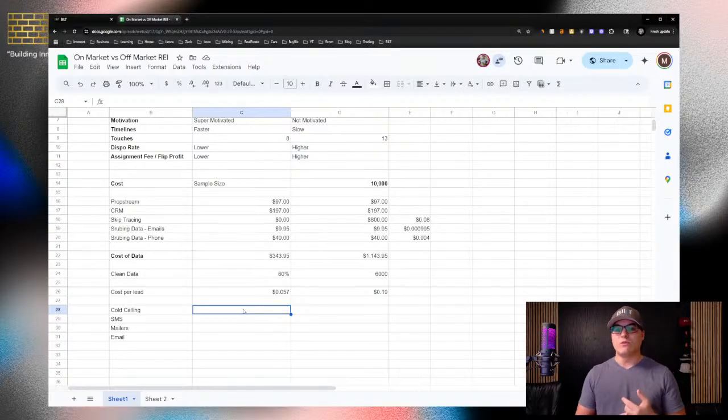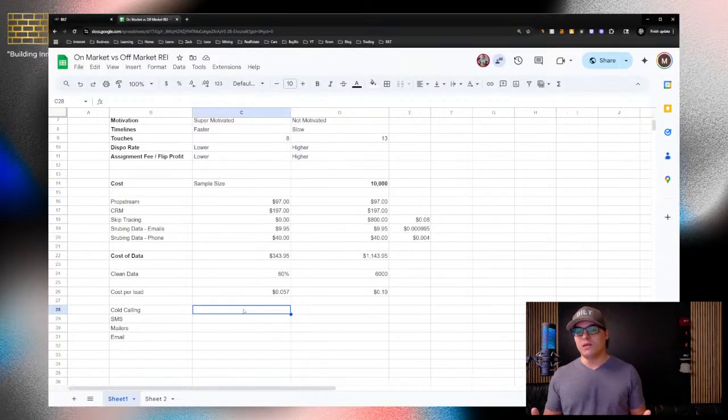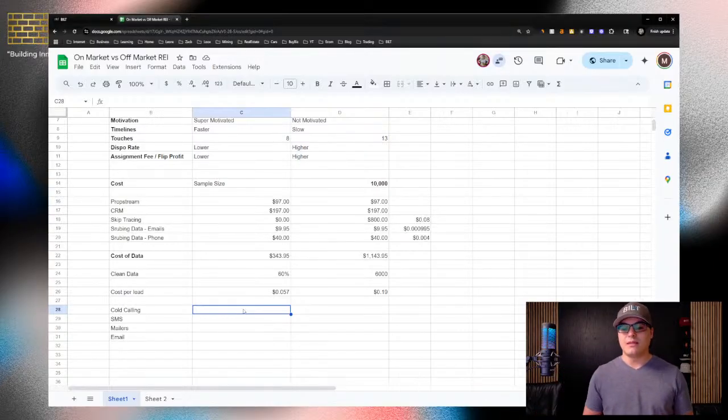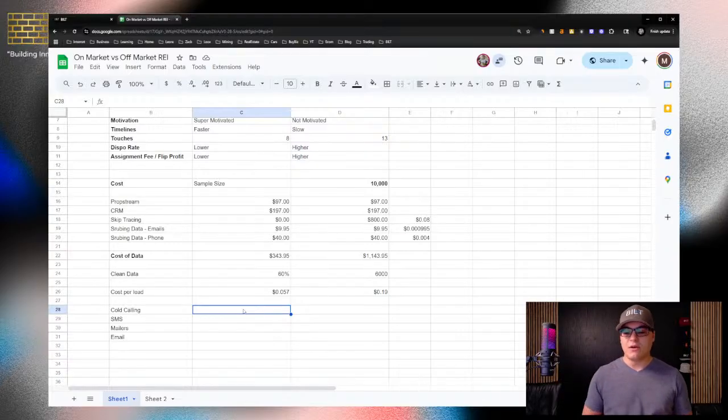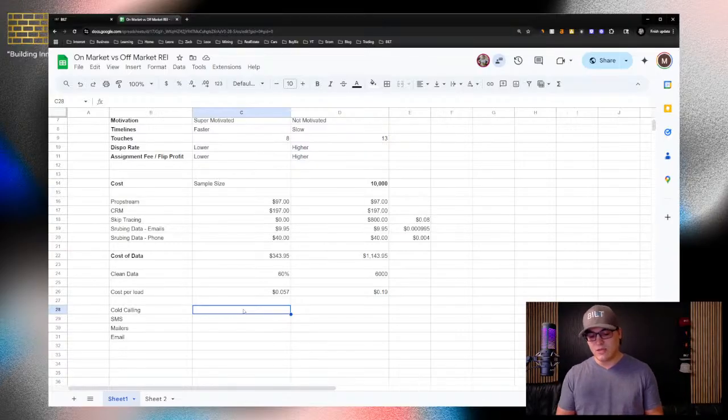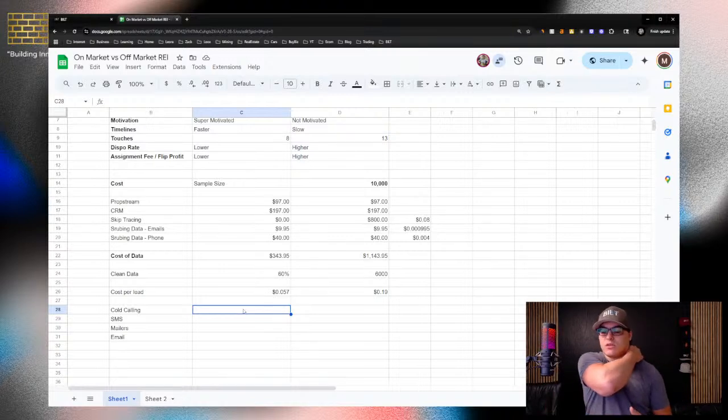Same thing with your text messages; you might get flagged on your personal cell phone if you send that many. And then of course, Gmail as well. If you send more than, let's say, 100, 200, 250 in the same day, you're also going to get flagged, landing in people's spam inboxes.